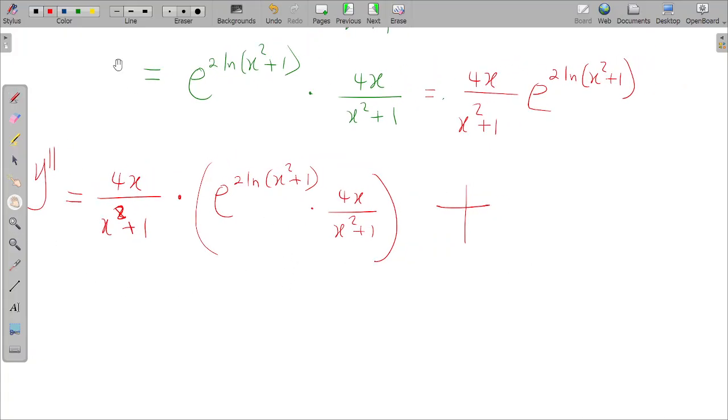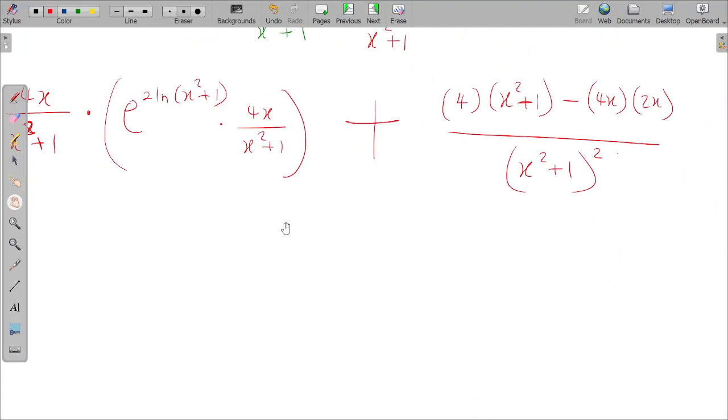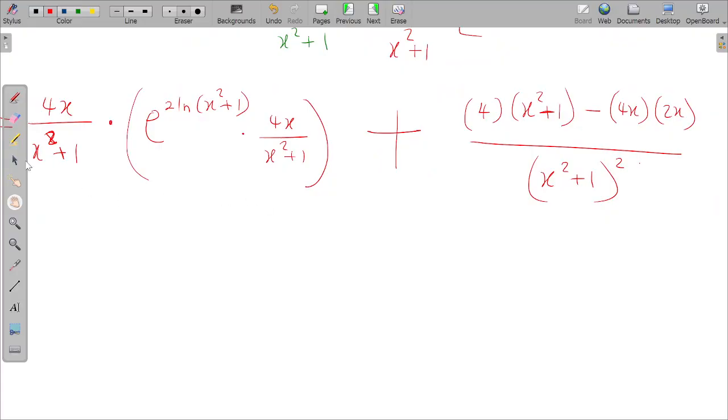So we have 4 multiplied by (x squared plus 1), minus the derivative of this, 4x, you write that one like that, then you derive the denominator, 2x, all over (x squared plus 1) all squared. You see now it's looking a little complicated, but that is it.